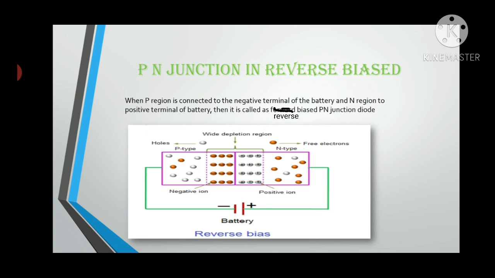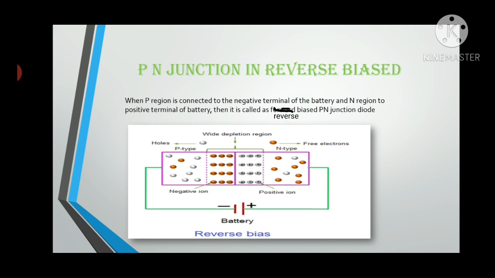Now the PN junction diode working in reverse bias mode. When the P region is connected to the negative terminal, as you can see in the diagram, the P type is connected to the negative terminal and the N type region is connected to the positive terminal.